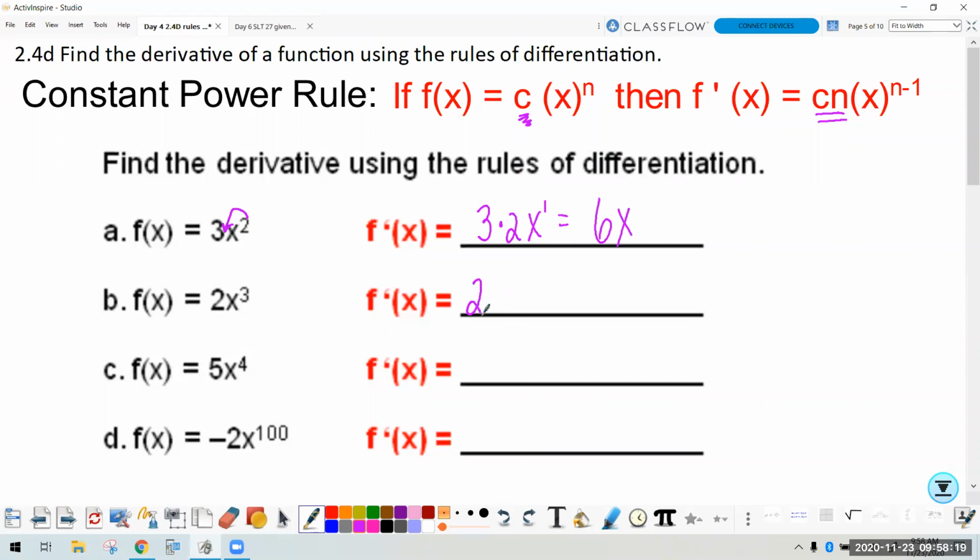The coefficient carries over. The exponent comes down. Subtract 1 from the new exponent. And you get 6x squared for the second derivative.